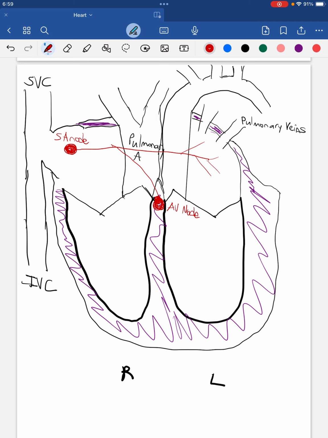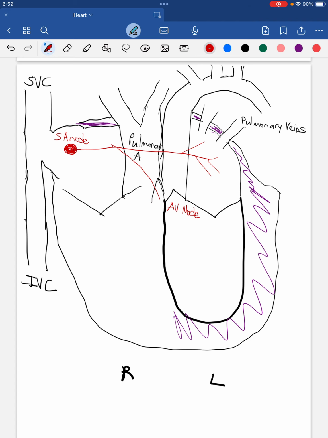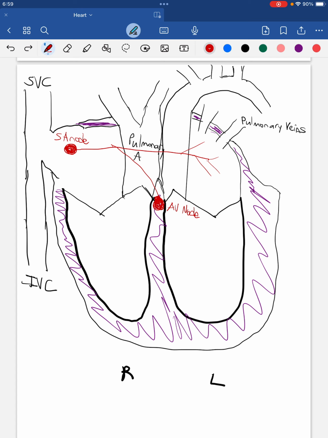It's electrically insulated between the atria and the ventricles, so it just stops here for a minute. Then after that pause, we pass down to the bundle of His, also known as the AV bundle.